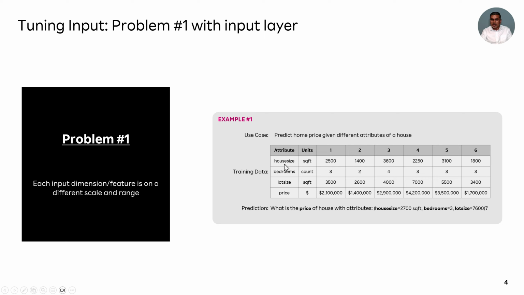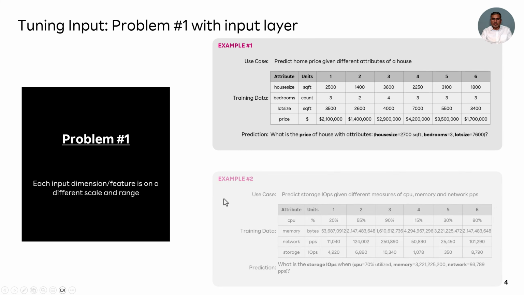And then you have the house size, which is measured in square feet, which is measured in thousands. The number of bedrooms is measured in units of maybe one digit, maximum two digits. And then you have the lot size, which is again measured in square feet, which is in thousands. So as you can see here, the values are very different in terms of their range and in the units in which they are measured.